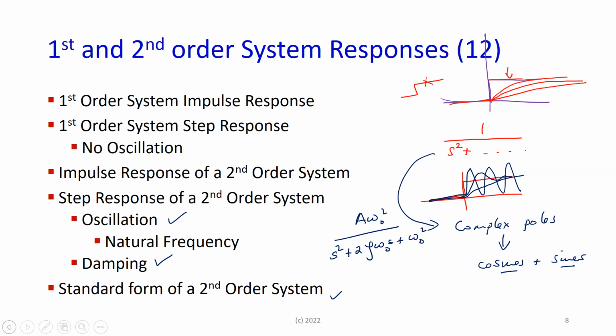The omega refers to the natural frequency, and damping refers to this factor zeta. The closer zeta is to 0, the more the system oscillates. The closer it is to 1, the more it tends to behave like a first order system. A, of course, is just the system gain. All right.